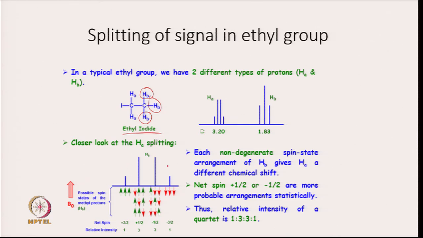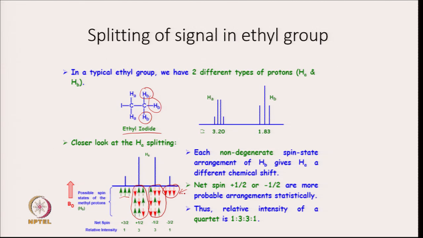So, this is for HA, and now you see all HB can be up direction, 1 is down, 2 is up, and there are 3 different possibilities for 1 down, 2 up. For 1 up and 2 down, these 3 are possible, and for 3 down, this 1 combination is possible.